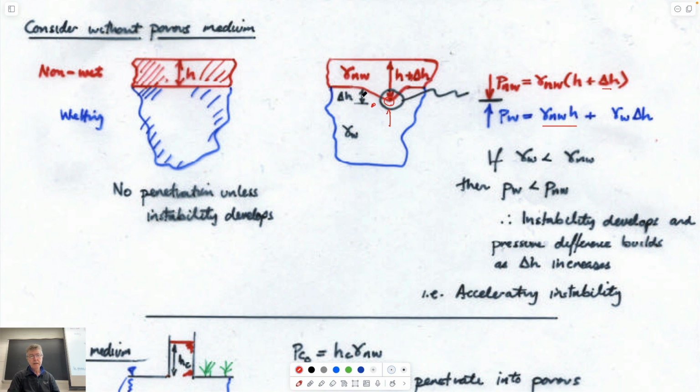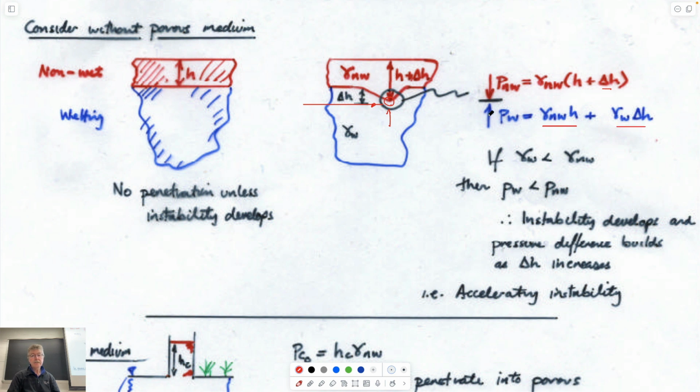pushing down, and equal to this amount of water. You know that as you go across horizontally in a fluid, the pressures all have to be the same. So you can get the pressure at this point by looking at the height of this non-wetting fluid plus the height of the water: the unit weight of the non-wetting fluid times its height, plus the depth in the water.